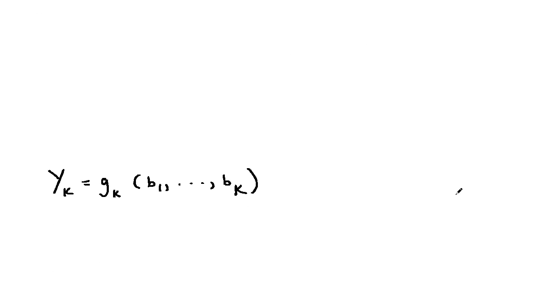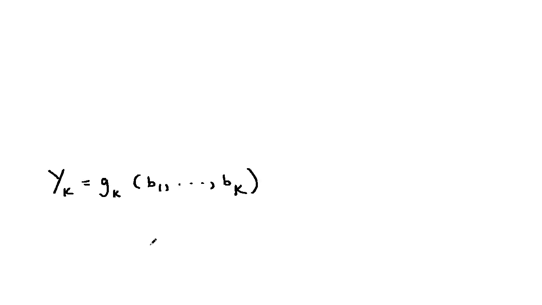Suppose for a fixed little k we applied some activation function g sub k to the vector of activations b1 through bK to get yk, given by g sub k of b1 through bK.